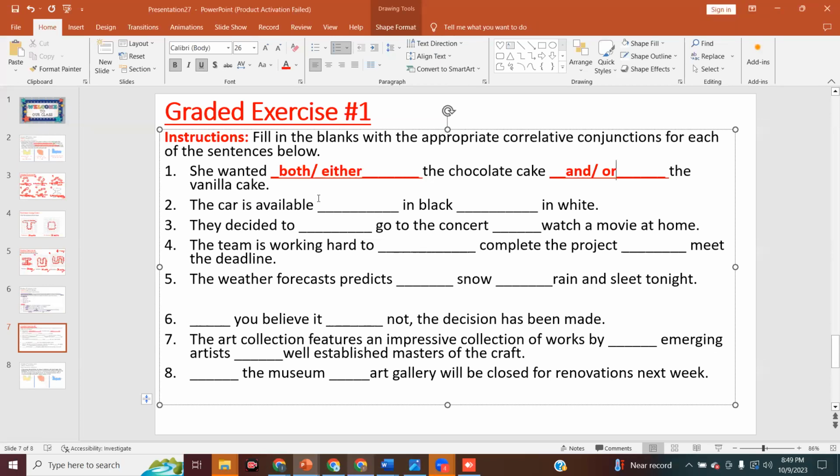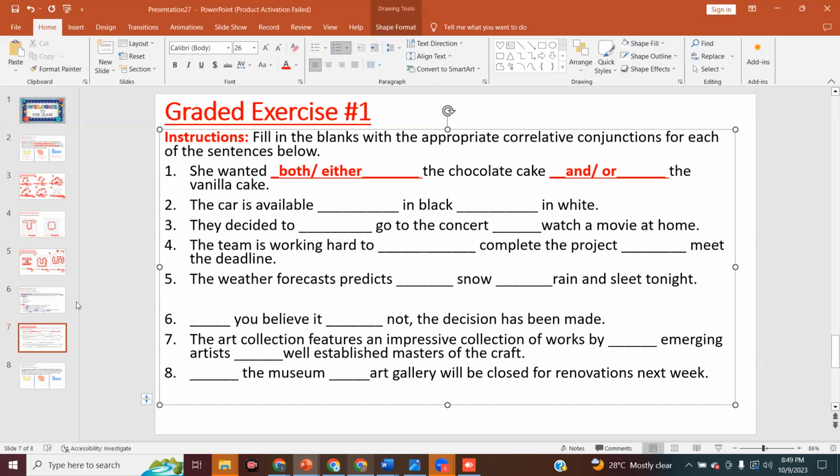Number 2, the car is available blank in black, blank in white. What you all saying? Not only.